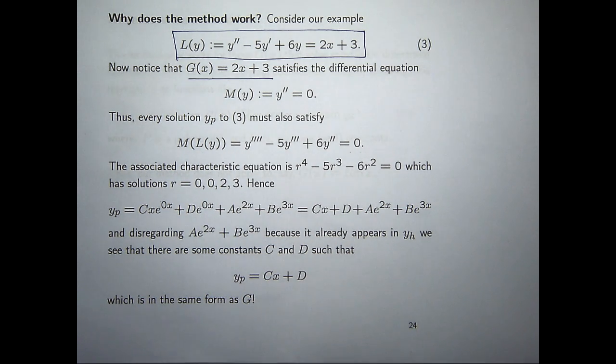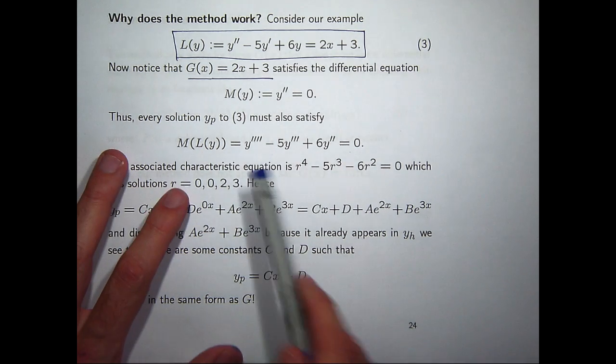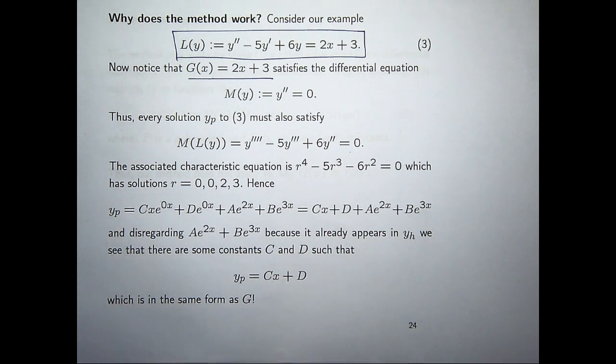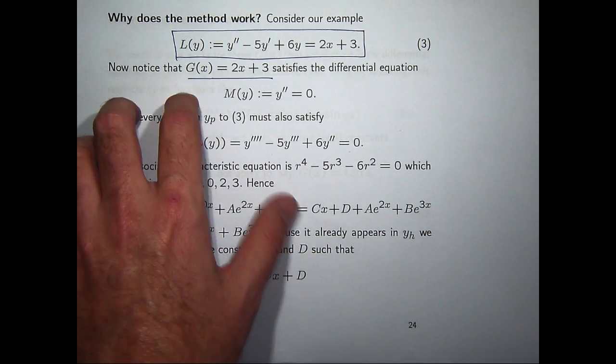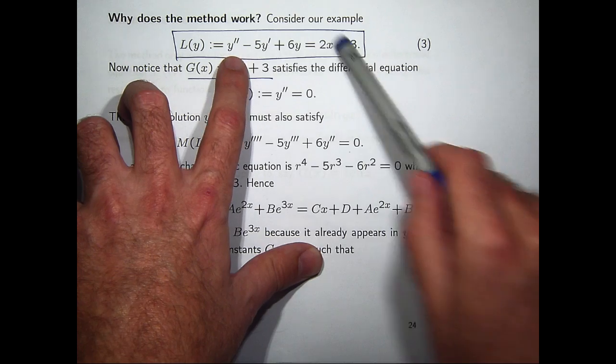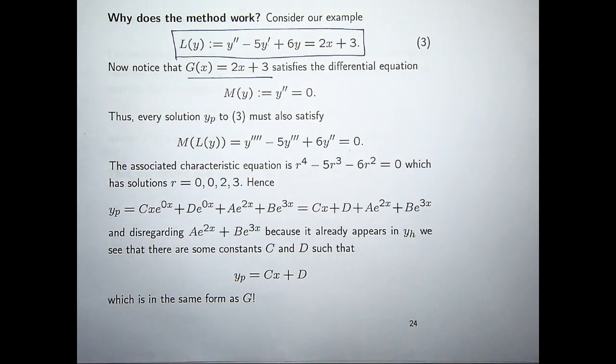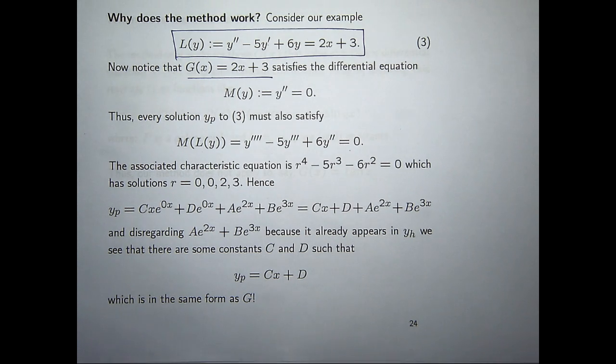What we do is, suppose y sub p is a solution to this. We don't know what it is, but let's just try to construct it. What I can do is differentiate the original ODE in some way that annihilates the right-hand side. Okay?